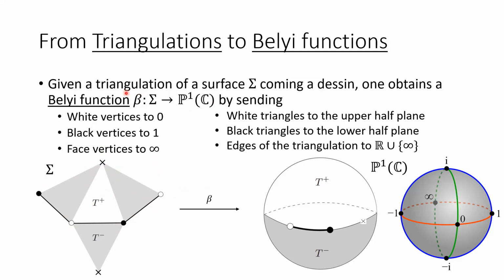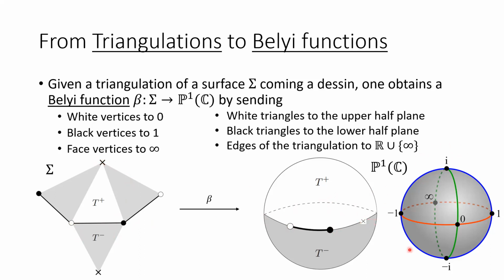The way this Belyi function works is that it specifies a homeomorphism between this white triangle and the upper half plane inside of the Riemann sphere. It sends the white vertex to 0, the black vertex to 1, and the face vertex to infinity.